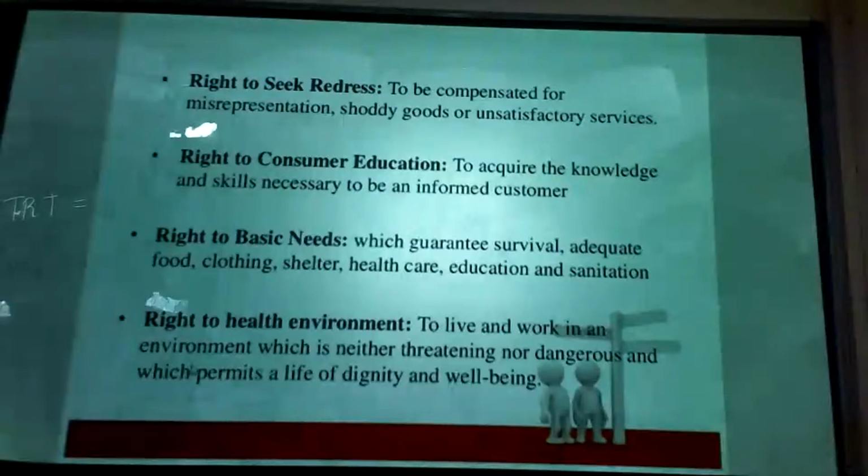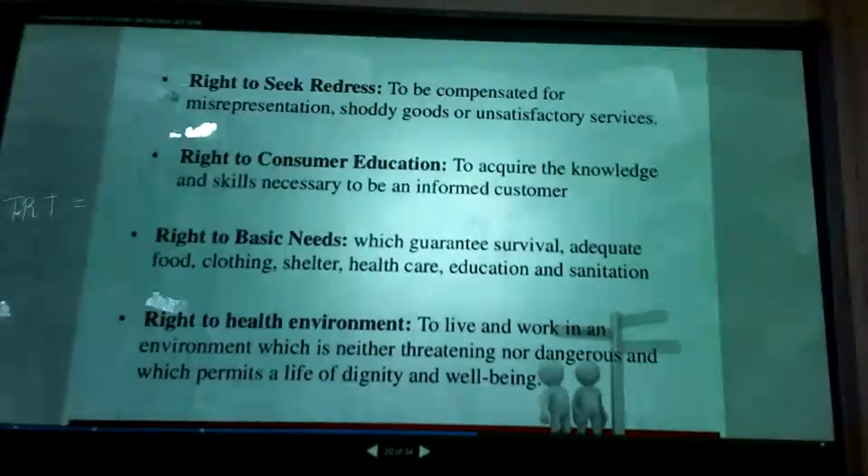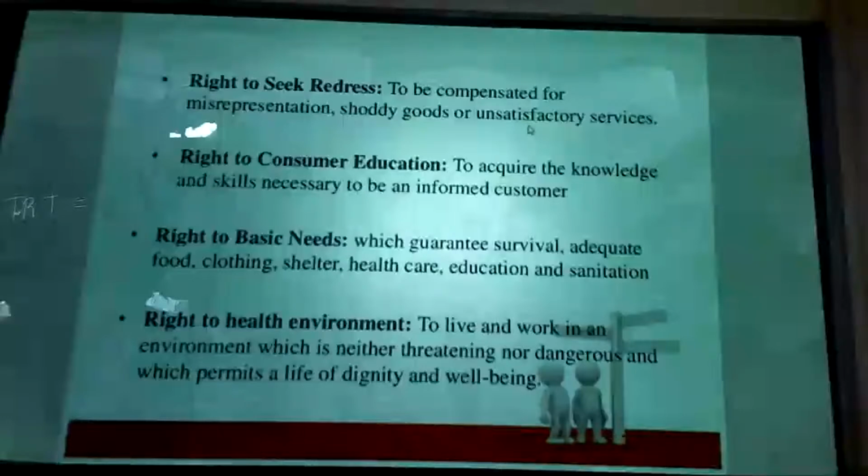Goods and services are called unsatisfactory when the manufacturer does not meet the consumer's expectations. That is when you have to raise the voice. For example, advertisement given.